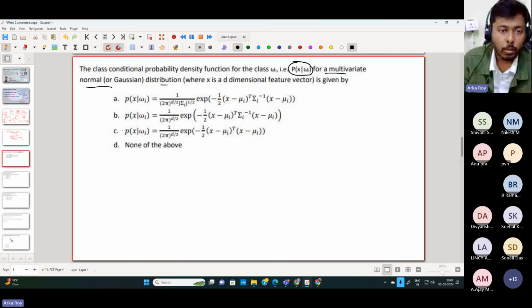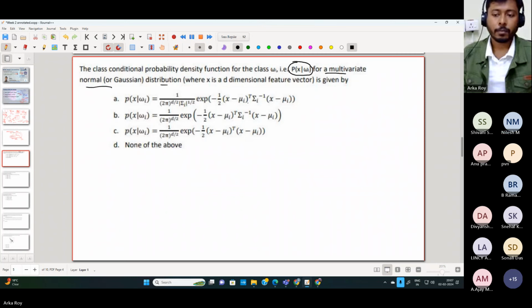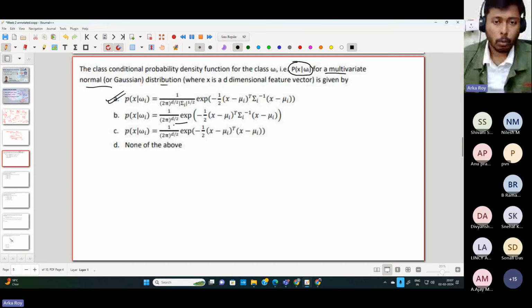Can any one of you identify which option represents the multivariate Gaussian distribution? Yes, A. Over here you don't have the covariance term, the sigma term is not there, and over here also the sigma term is not there. So these are the incorrect options.